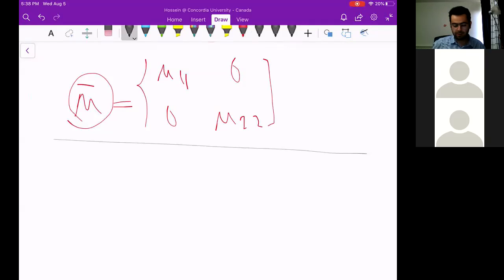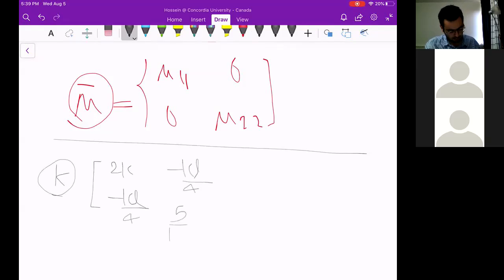It is basically written in the question: show that modal matrix P can diagonalize the stiffness K. We know what the stiffness is; we already obtained it. The stiffness is 2K, minus K over L/4, minus K L/4, 5/16 KL, thanks to the orthogonality property of mode shape.